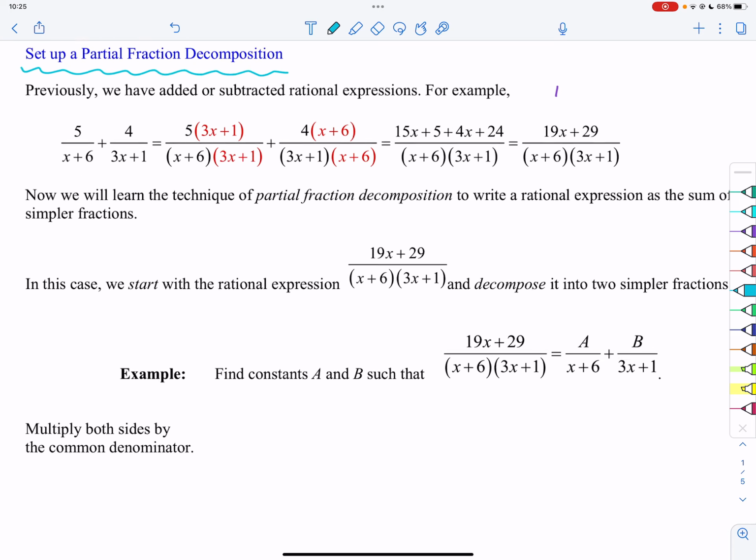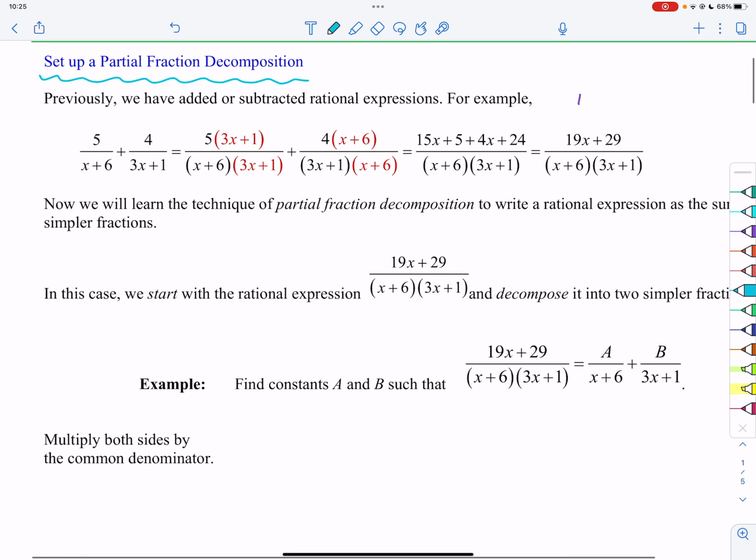Well, in order to better understand how we set this up, let's go back to what we've done in past math courses. Here you can see we've added two rational expressions together. And in the past, we've also subtracted them. The method has always been find a common denominator. And once you have a common denominator, you can add those numerators together and keep that common denominator.